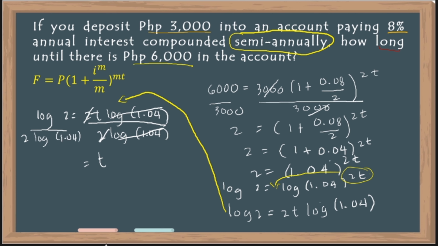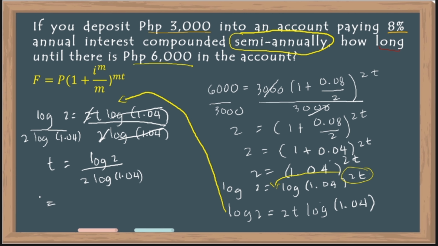Okay? Or, pwede nating i-arrange. Pwede naman din yan, lagay natin yung t sa left side. Anyway, the same lang naman yan. Okay? Kasi equal pa rin yan. t is equal to logarithm 2 over 2 logarithm of 1.04. Okay?